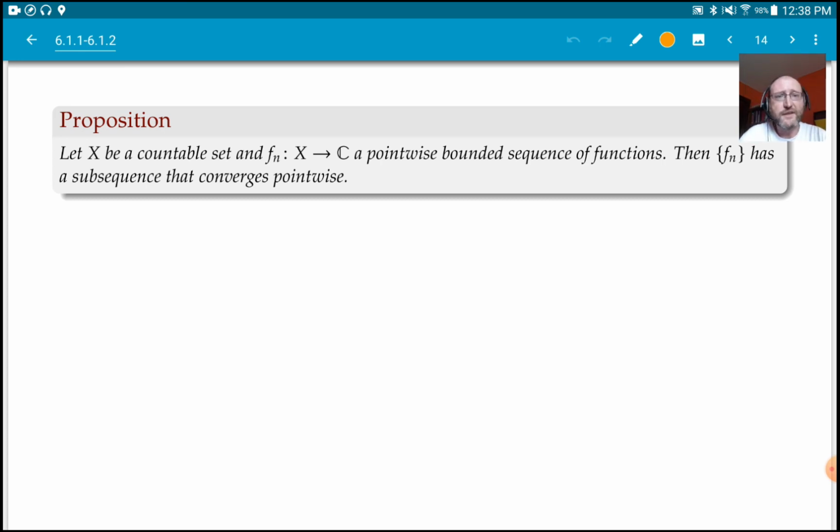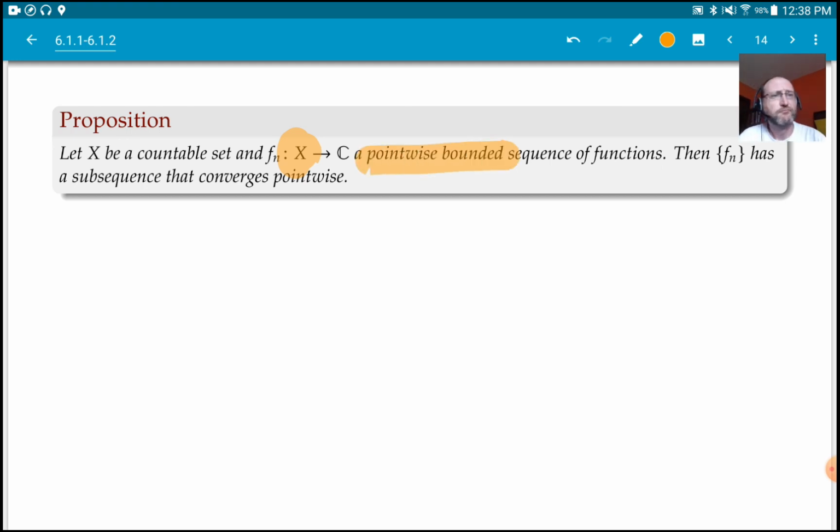Now, if our domain X is countable, then we actually can always find subsequences, and all we need is pointwise bounded.